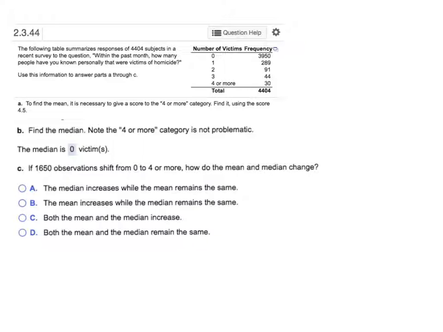This then really asks you to hold things in your head. It says, what if I were to move 1,650 of these people? What if suddenly 1,650 people, instead of knowing 0 victims of homicide, suddenly knew 4 or more? So suppose that many people, 1,650 people, moved out of that category and moved into this category.